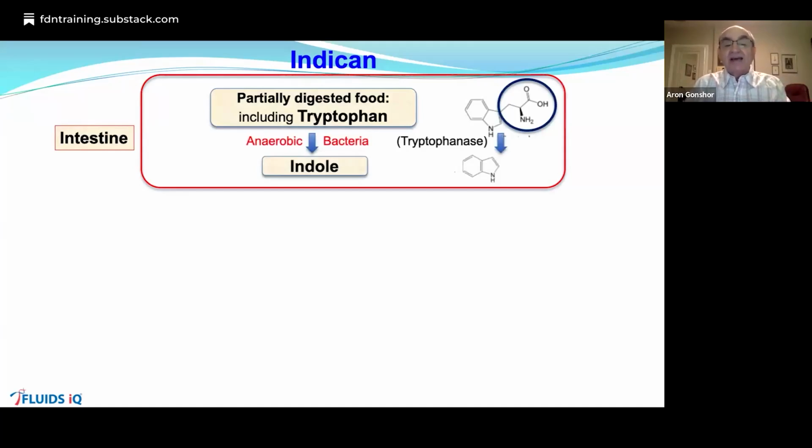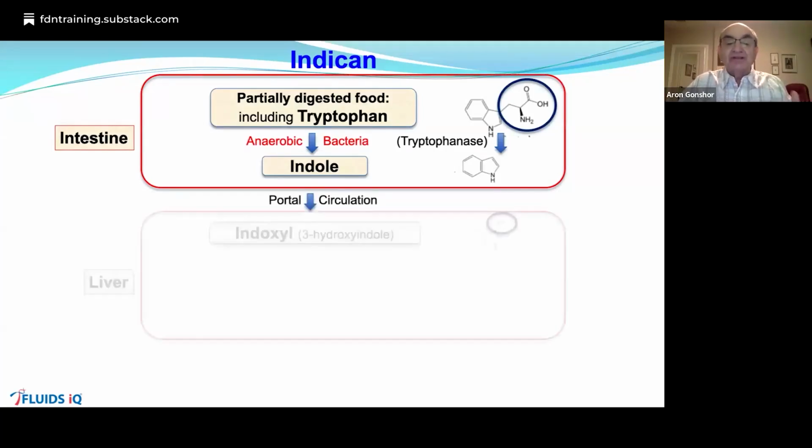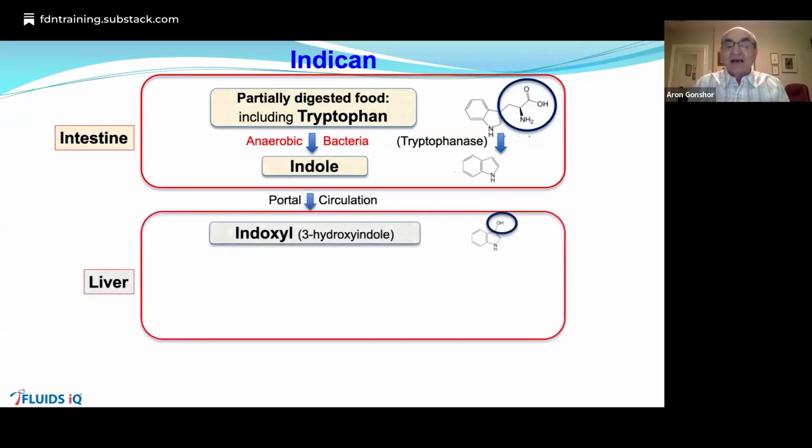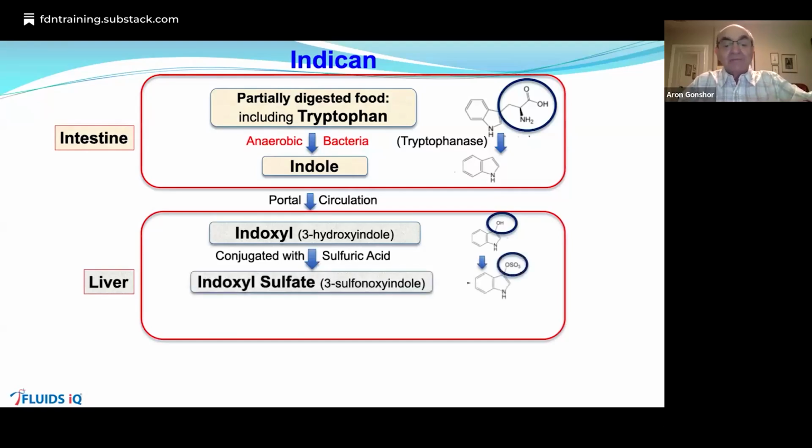And at the end of the day, the anaerobic bacteria especially will break down tryptophan to create something called indole. And indole then gets taken through the portal circulation, which brings it over to the liver. And in the liver, it gets hydroxylated to create indoxyl. Indoxyl then gets conjugated with sulfuric acid, which then makes it indoxyl sulfate.